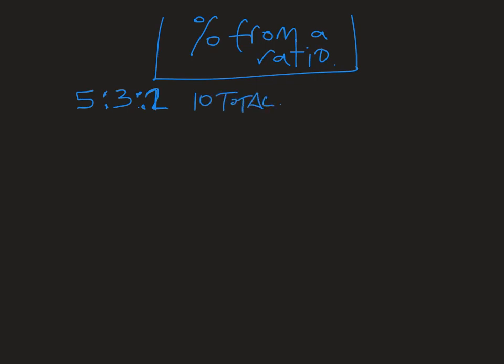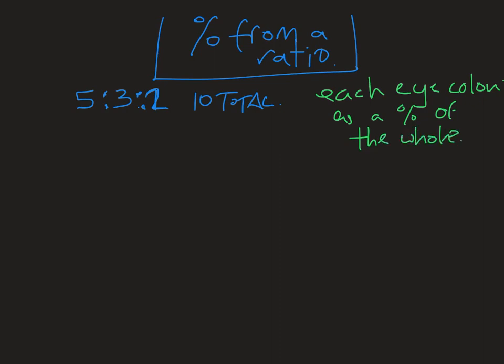Okay, so if I want to be able to express each eye color as a percent of the whole, I can go back to this total of 10 and I can say, well, brown gave me 5 students out of 10, and now that's a part to whole, and I know that 5 out of 10 gives me 50%.